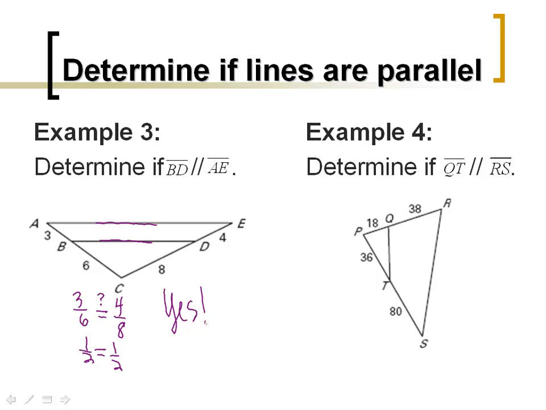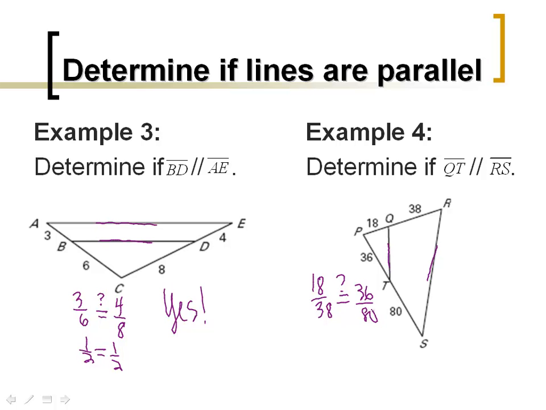Example 4, determine if line segment QT is parallel to line segment RS. So we want to know if this is parallel to this. So I'm going to write my proportions. 18 over 38. Does that equal 36 over 80?